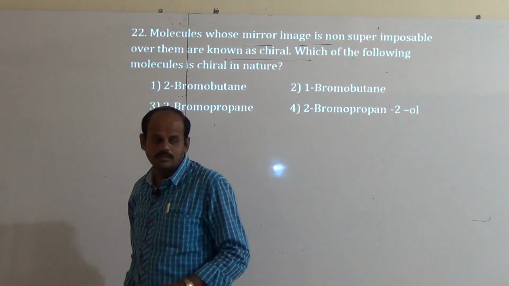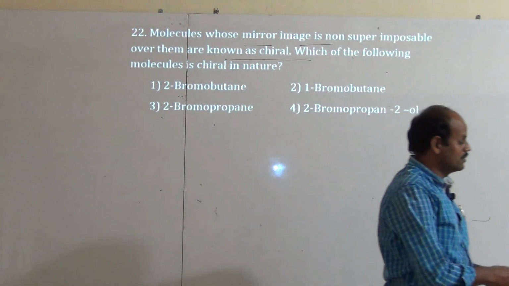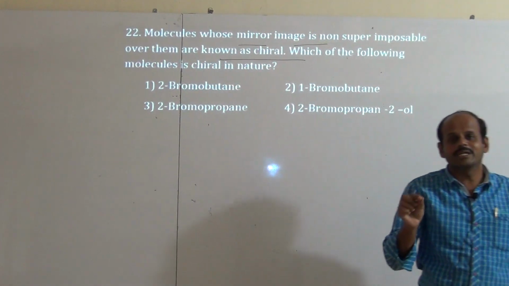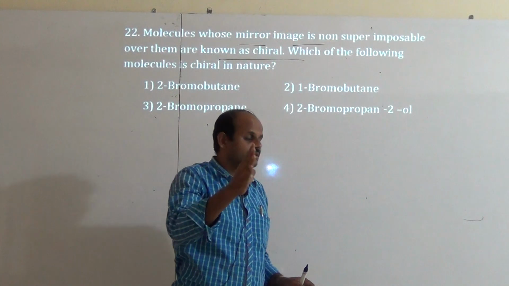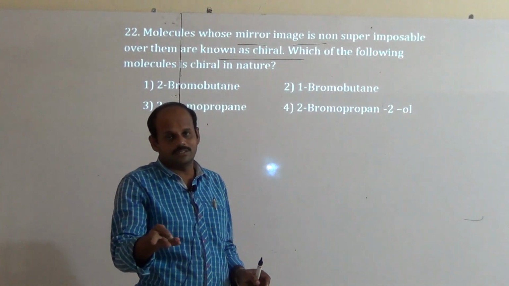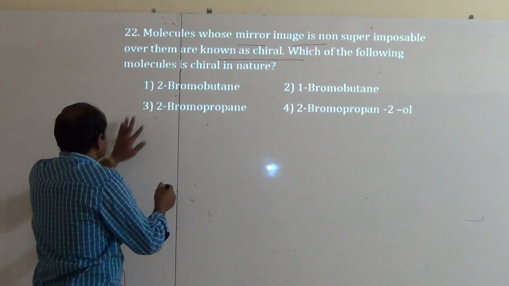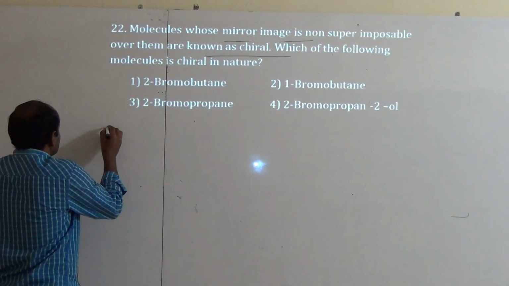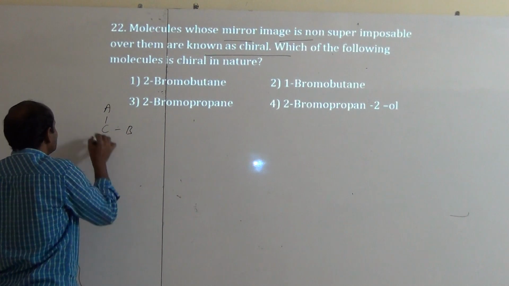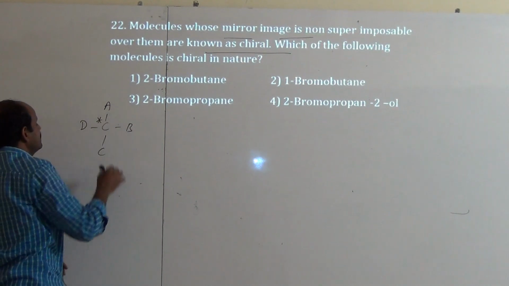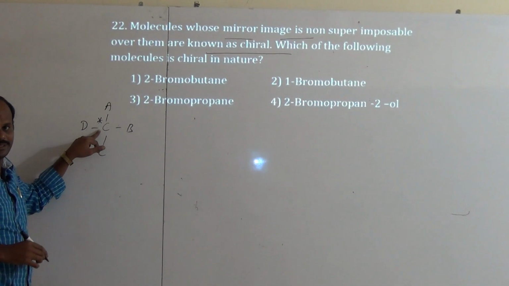Here, chiral molecule. For objective purposes, simply you can check which carbon atom is bonded with 4 different groups or atoms. Okay, that is chiral. Means if you take one carbon, it should be attached with different groups or atoms, then it is called a chiral carbon or asymmetric one.